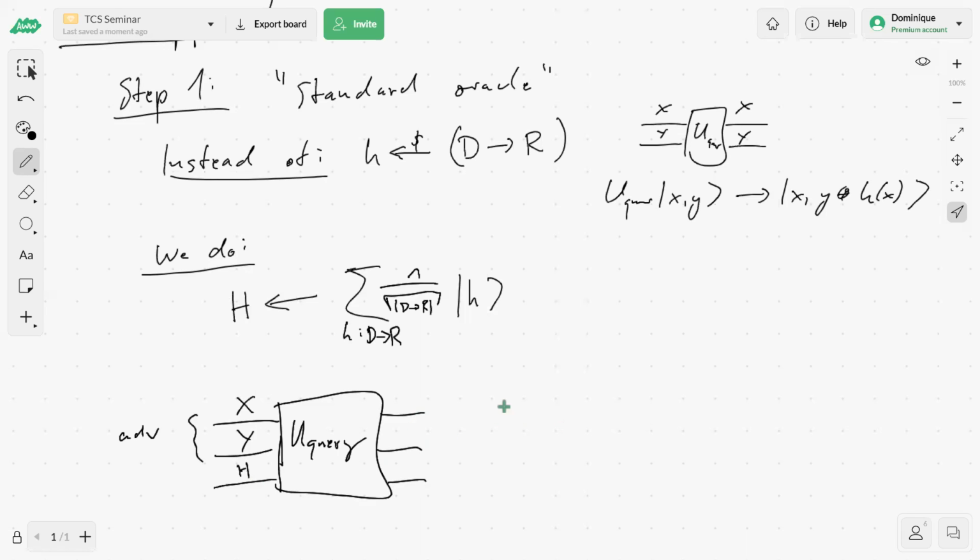And it performs the following operation. If the states of X, Y, and H are x, y, and h, this is mapped to x, y XOR h of x, h. So we're basically doing the same as up here, except instead of having a classically chosen h, our h is now stored in a quantum register and kept in superposition between all possible values.